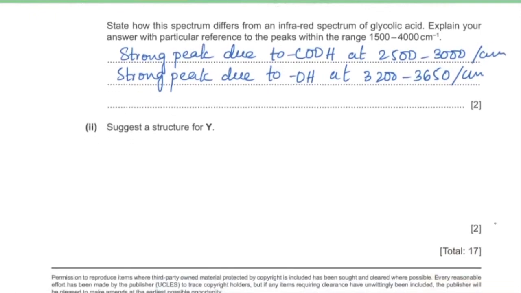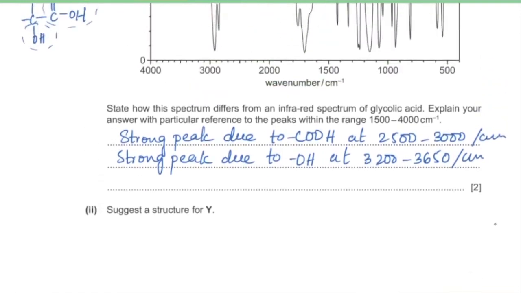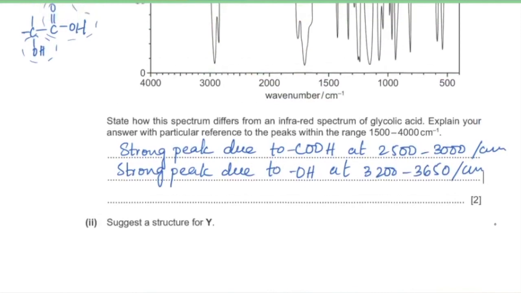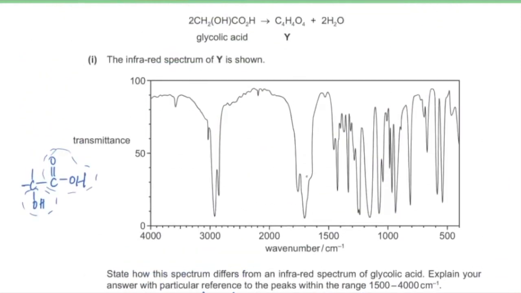Part 2, suggest a structure for Y. So if you look at the infrared spectrum of Y, there is no strong peak here at 3200 to 3650 per centimeter, which means that Y has lost this primary alcohol group.